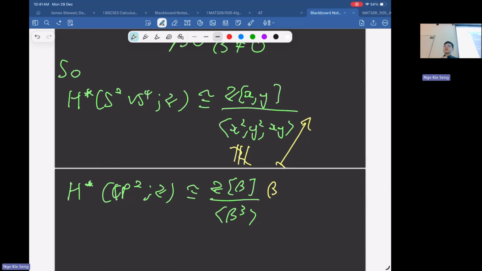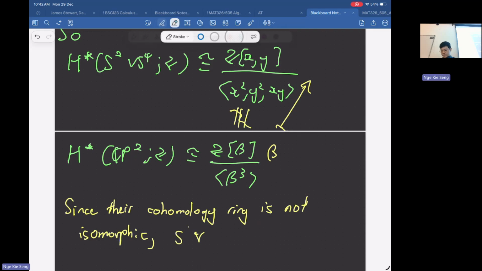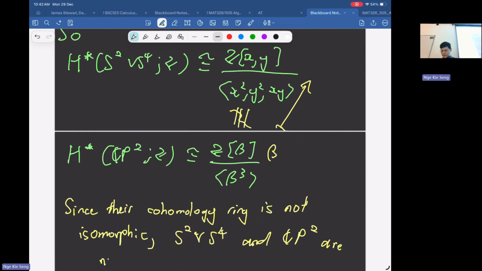So far, any question for this one? Since their cohomology rings are not isomorphic, S2 wedge S4 and CP2 are not homeomorphic.